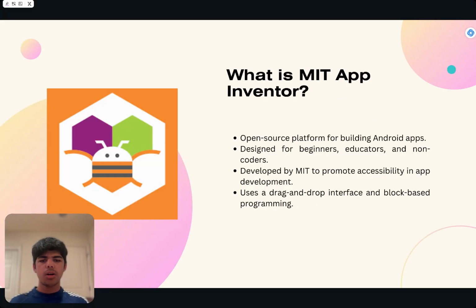Now let's talk about what MIT App Inventor actually is. MIT App Inventor is an open source platform designed for creating Android apps. It was developed by MIT with the goal of making app development accessible to anyone, whether you're a beginner, an educator, or someone who's never written a line of code before.